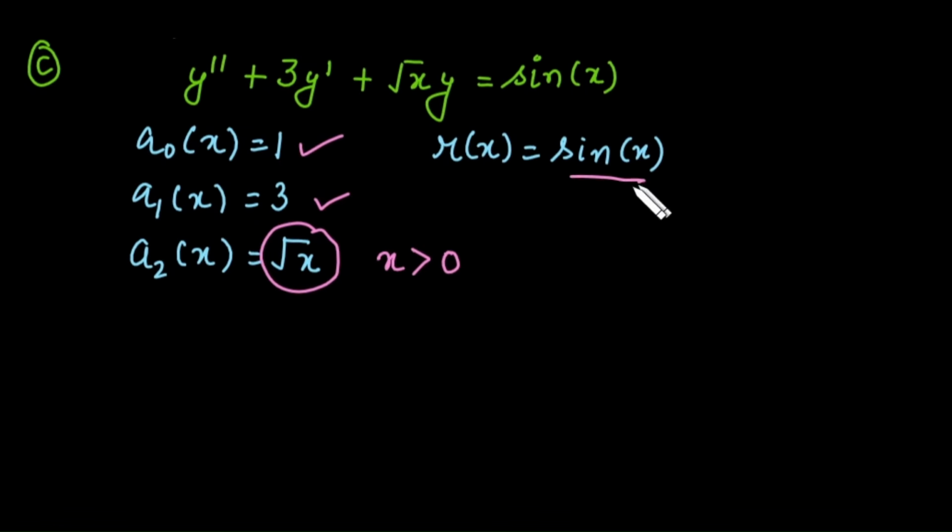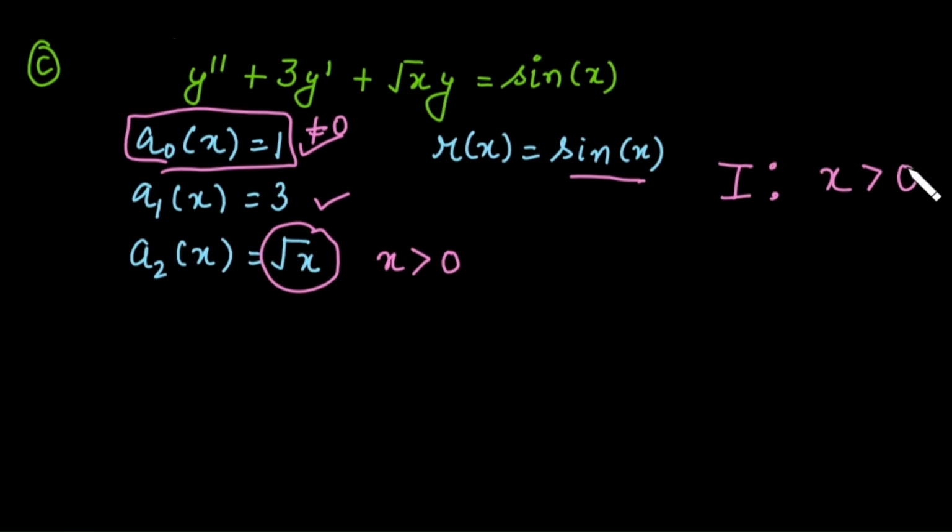So what about sin x? Sin x is continuous for every real number. Right now we are getting one condition: if x is greater than 0, then all these functions are continuous. Now what about a0(x)? a0(x) is 1, which is not equal to 0 for any value of x. So overall we are getting the interval: for x greater than 0, the given differential equation is normal.